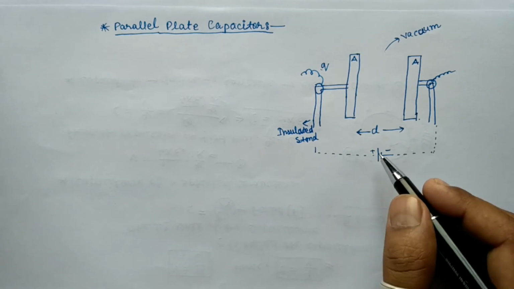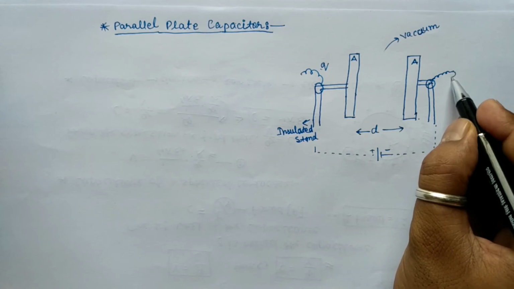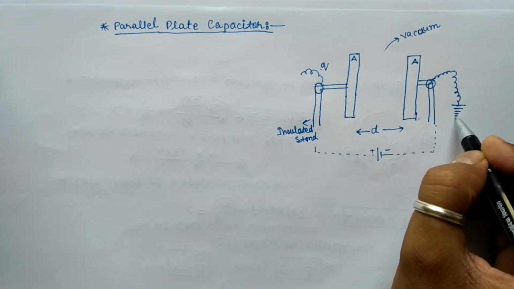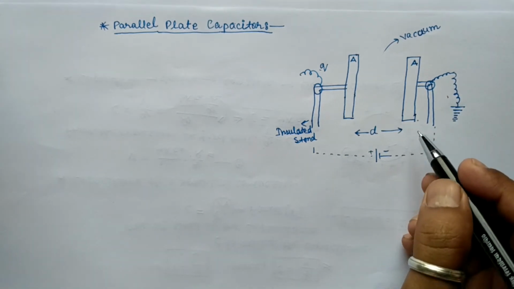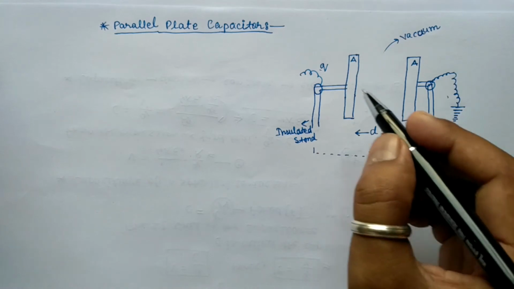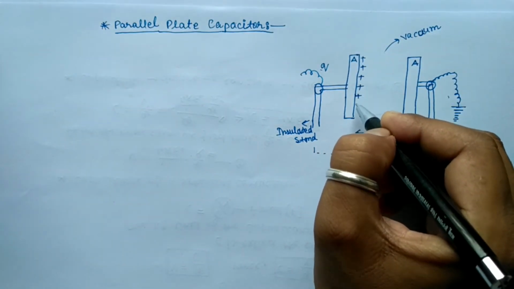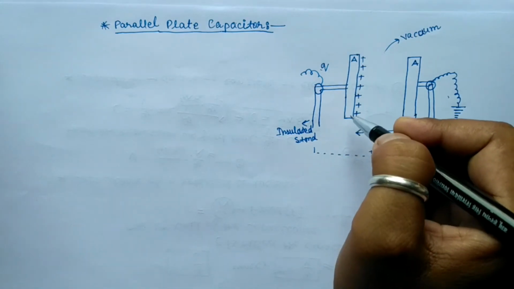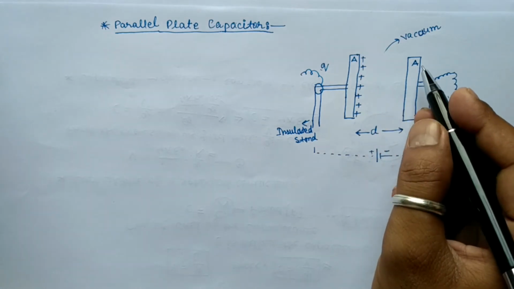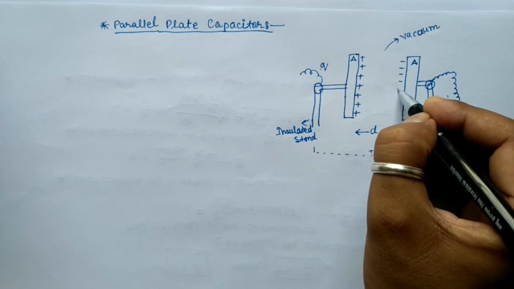Or by connecting one plate to the earth like this, and by giving a charge positive Q to the other plate only. This charge will induce a charge minus Q on the earth-connected plate like this.